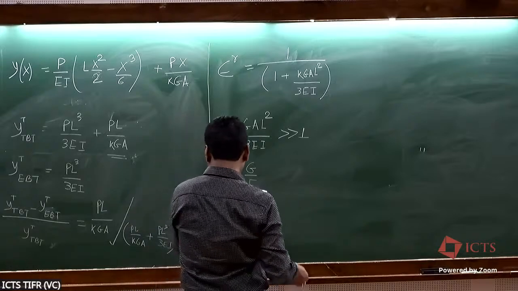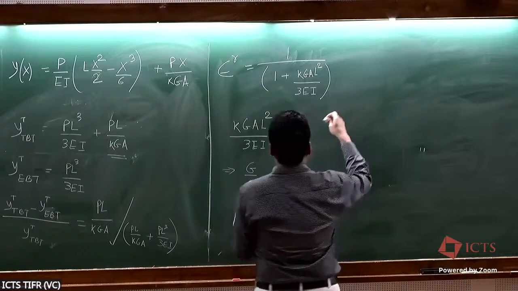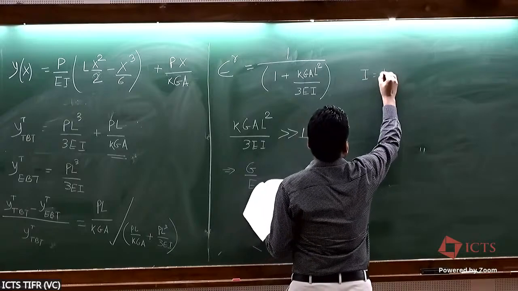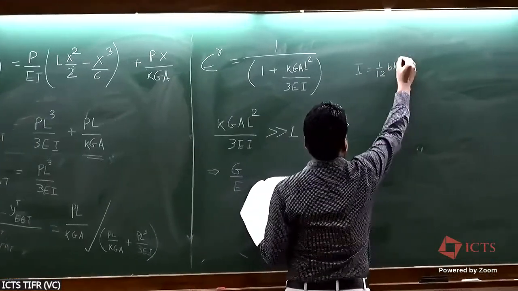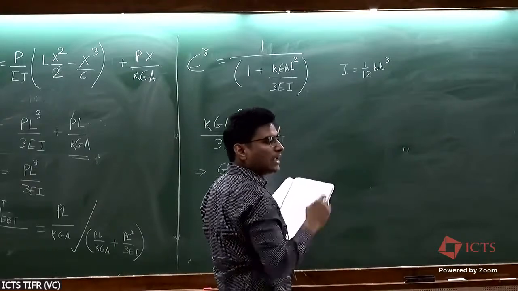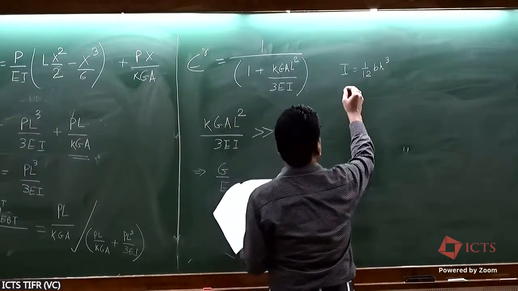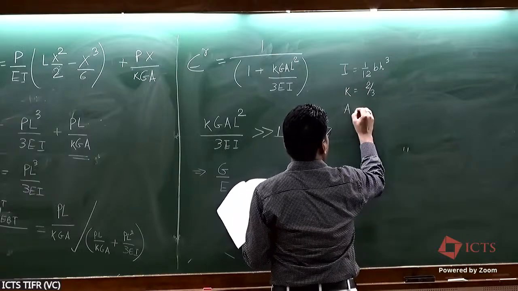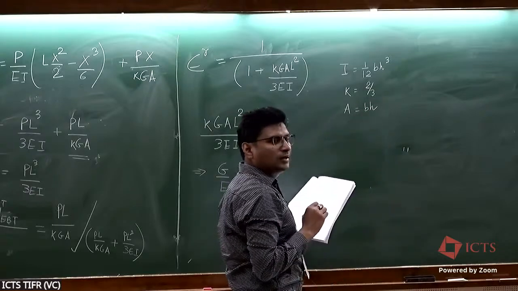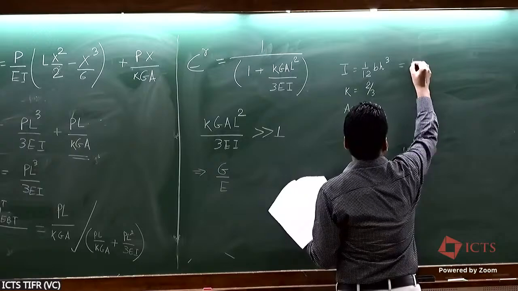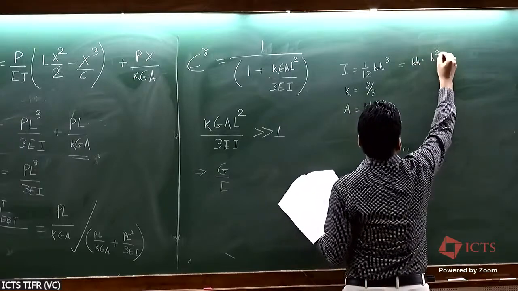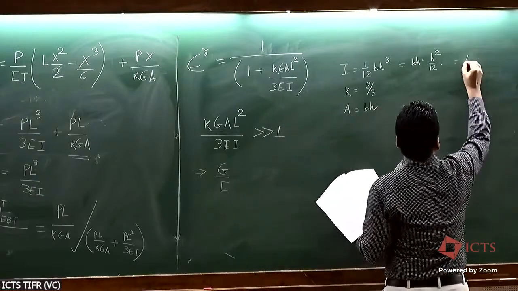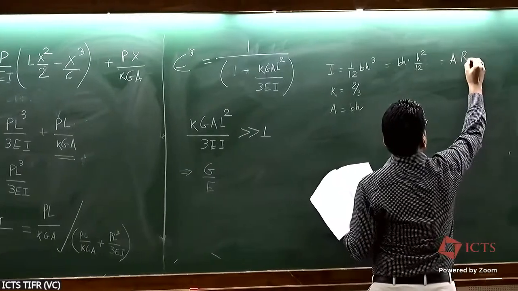Okay, so I also write the I. Supposing it's a rectangular cross section, then I is actually 1 over 12 BH cubed, where B is the width, H is the height, and correction factor K is 2 by 3, and area is simply B into H. This thing you can write as BH into H square by 12, and BH is the area, so this is A into some radius of gyration square.